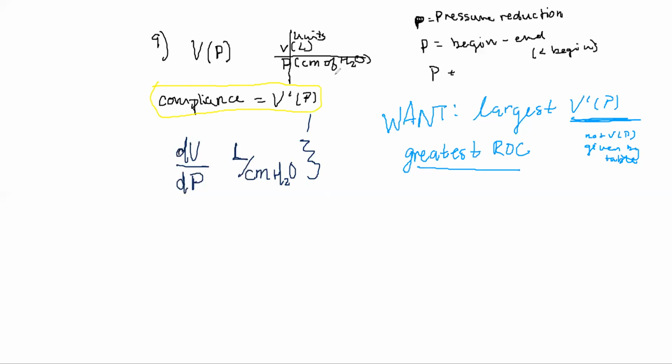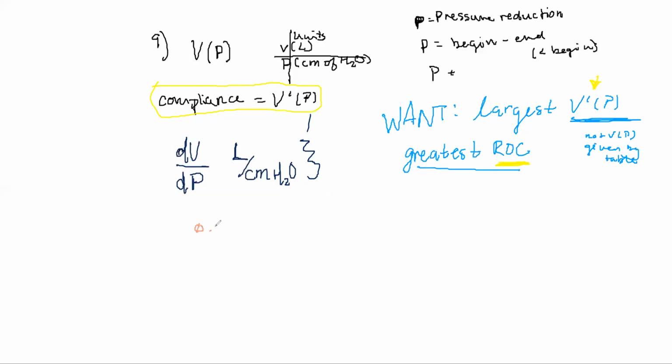All right. So in order to get the greatest compliance, we want the largest V prime, which in terms of the table means we need the greatest rate of change. Where do we get that? I would look at the table and see that it's increasing every 5 centimeters. So I would look for the greatest increase in volume over 5 centimeters of water increase. To me, that looks like it's between 10 and 15.